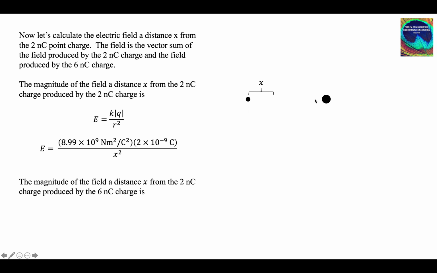Now, how far away is the 6 nanocoulomb charge from the point at which we're calculating the field? Well, the total distance is 5 centimeters. The distance the 6 nanocoulomb charge is away is 5 minus x, 5 centimeters minus x. So we have k, q, that's the 6 nanocoulomb charge. The distance away is 5 minus x.